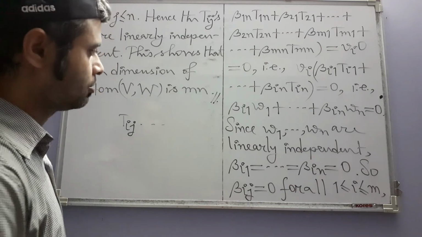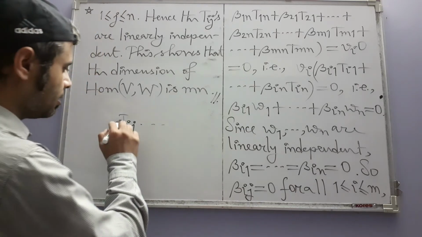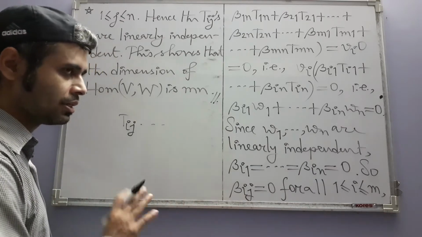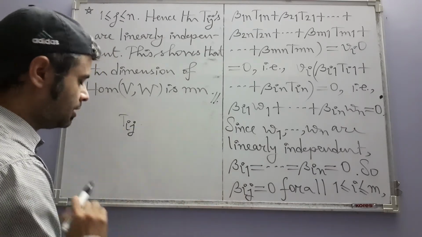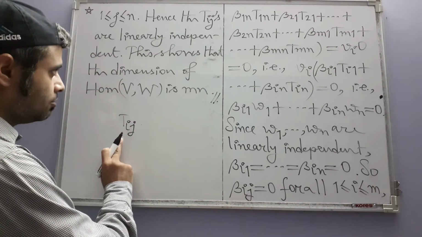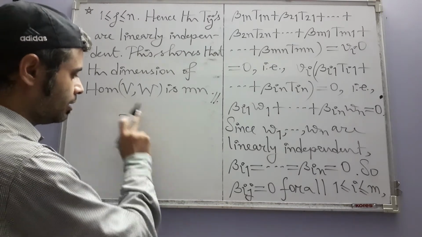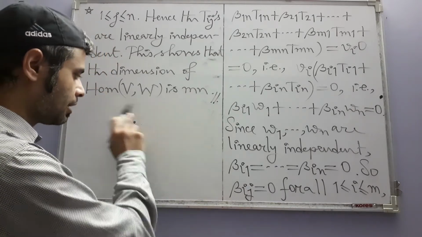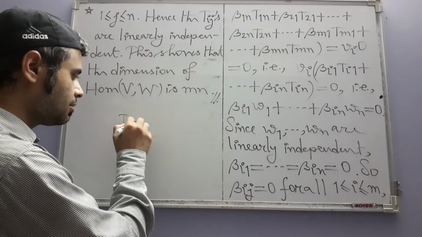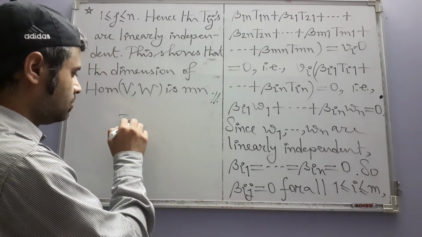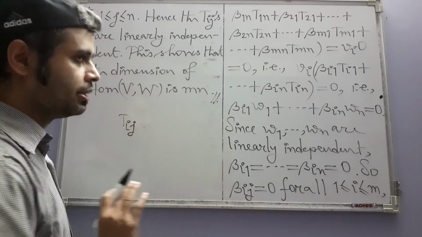Actually, we don't need to show that, because if you list the Tij's in any order, whatever order you choose to write them in, the fact that you have shown that they are linearly independent itself implies that they are distinct, because if in that list there is some repetition, then they cannot be linearly independent.